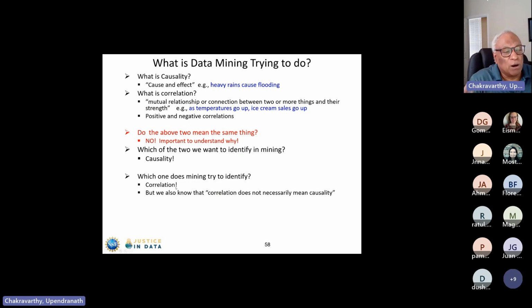Through programming or automation, we can establish correlation between two things or two sets of data points. We can identify this, but we want causality. So this is the dilemma and the difficulty for mining.